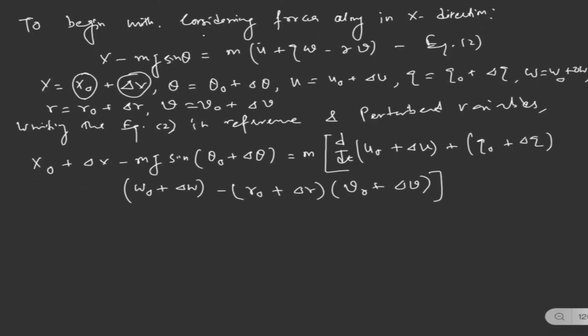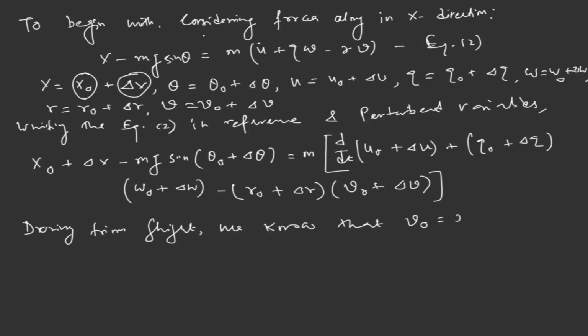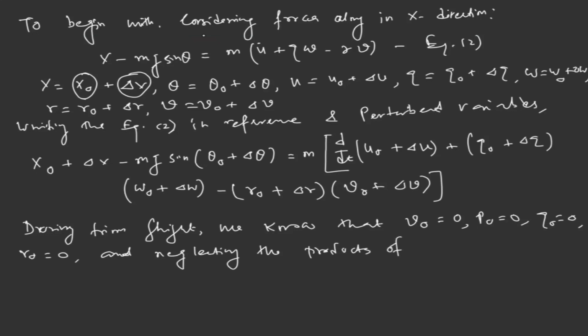And if you ignore the product of perturbed variables and assume the trim flight condition, during trim flight we know that v naught equal to 0, the side velocity for the reference model will be 0, p naught equal to 0, q naught equal to 0, and r naught equal to 0, and neglecting the products of disturbances.